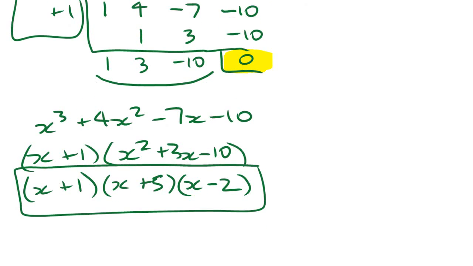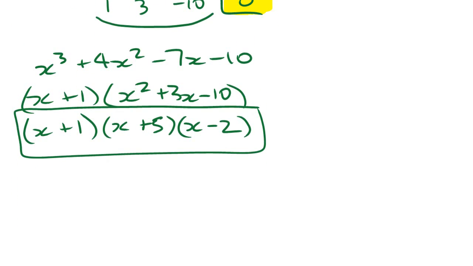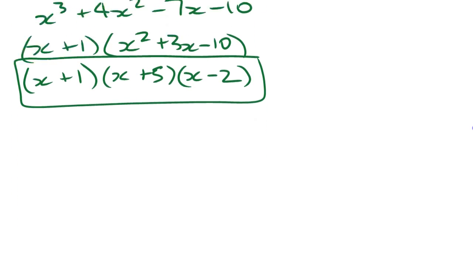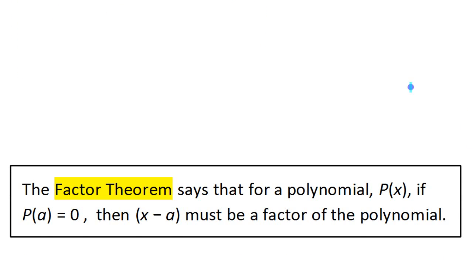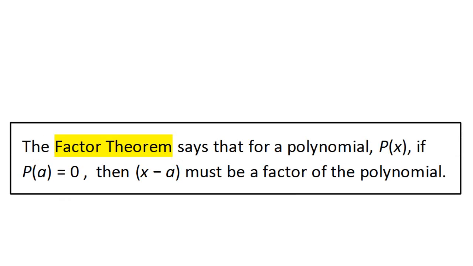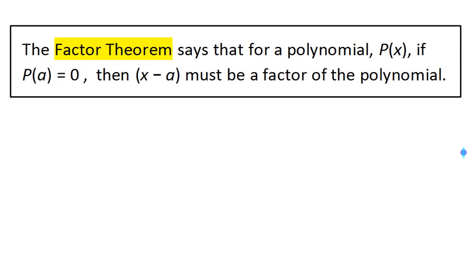Now let's summarize a little bit of that stuff that we've seen in doing that. The factor theorem. The factor theorem is a formal way of saying the ideas that we just used. We looked for factors by substituting in numbers.